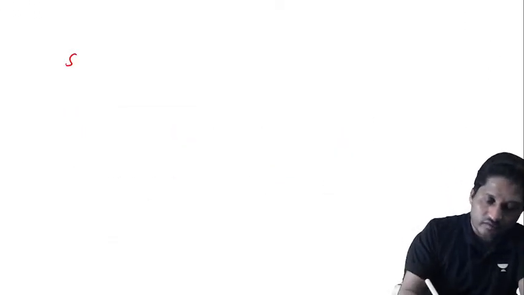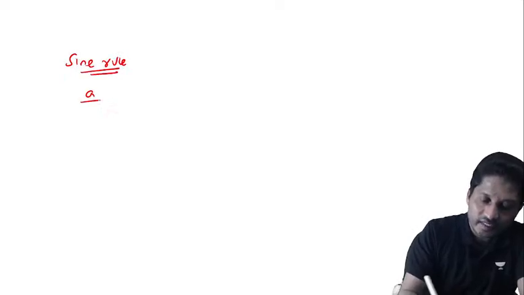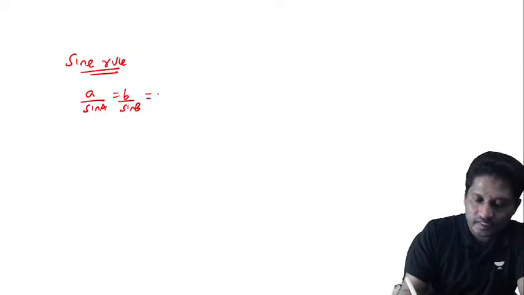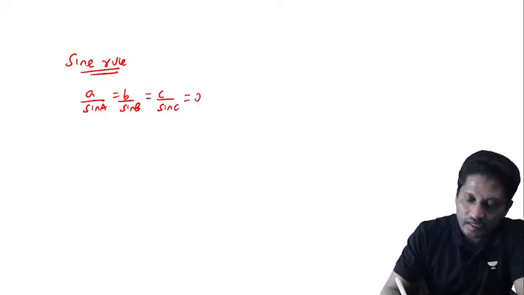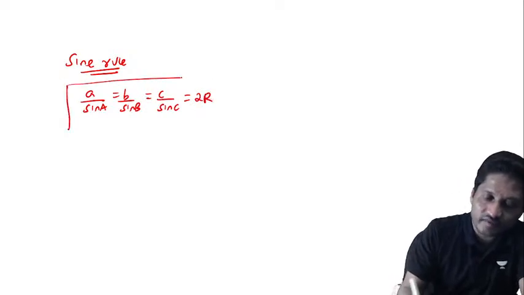See, if I use the sine rule, A by sin A is equal to B by sin B is equal to C by sin C. Just remember sine rule, cosine rule, enough. It is equal to 2R, where R is the circumradius of the triangle.